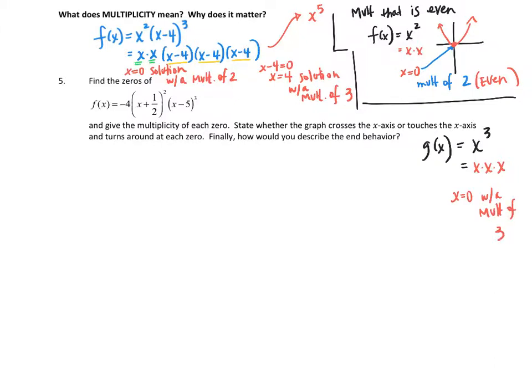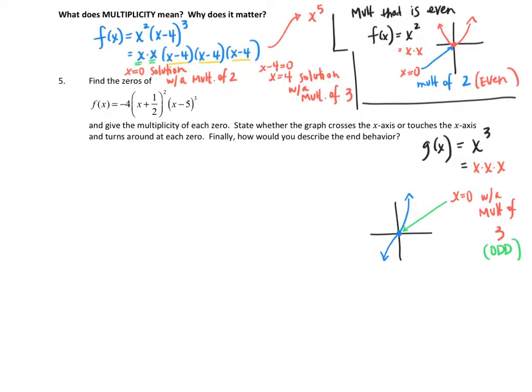Well, we know what this graph looks like. I'll do a little sketch. So here's my solution, x equals 0. But when the multiplicity is odd, the graph is going to go through the x-axis.